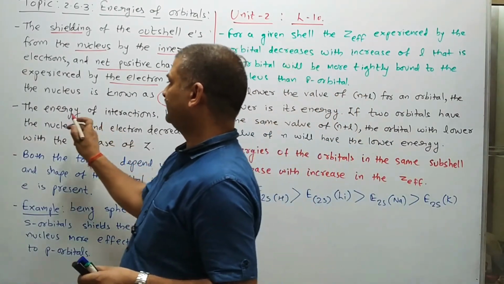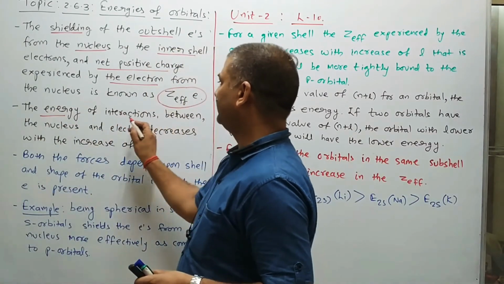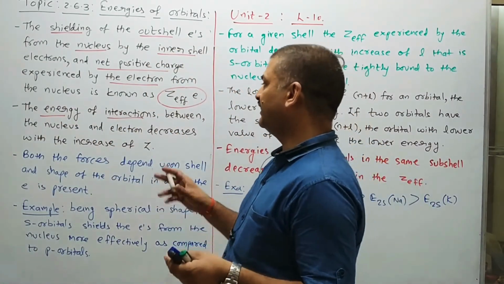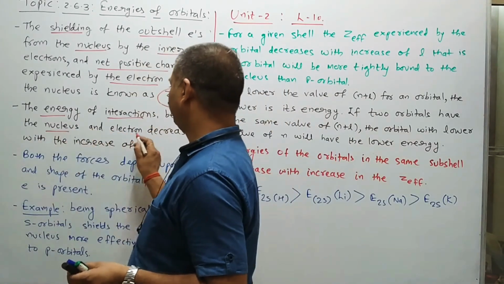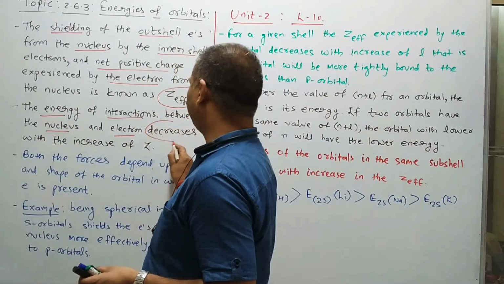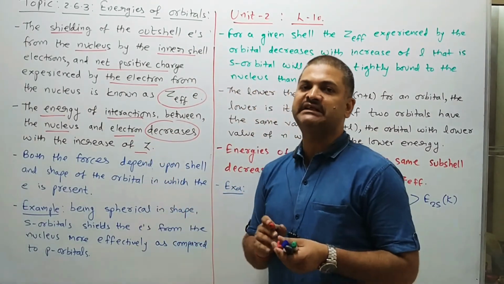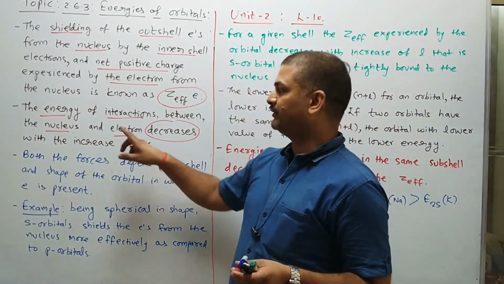Now, see, the energy of interaction between the nucleus and electron decreases with increase of Z. Z means atomic number. Again I am repeating.